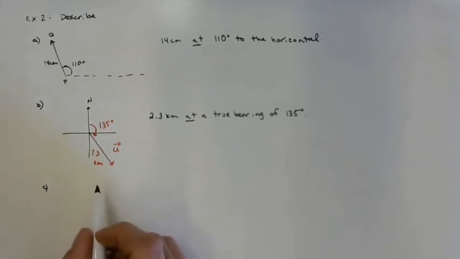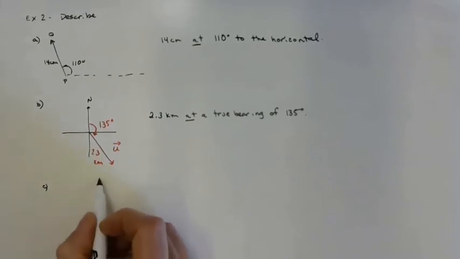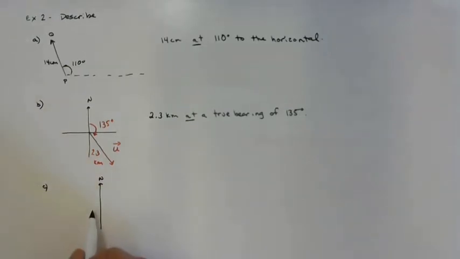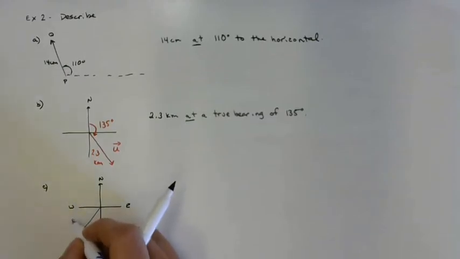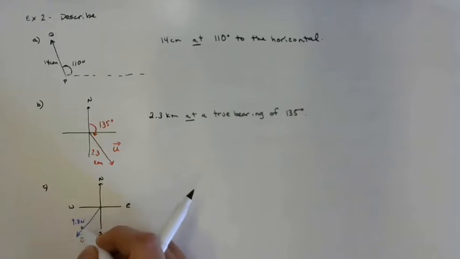All right, last one is another drawing that indicates north, but it also indicates east, south, and west. And then we have vector V coming out here with a magnitude of 9.8 newtons, and the direction is given to us from south.